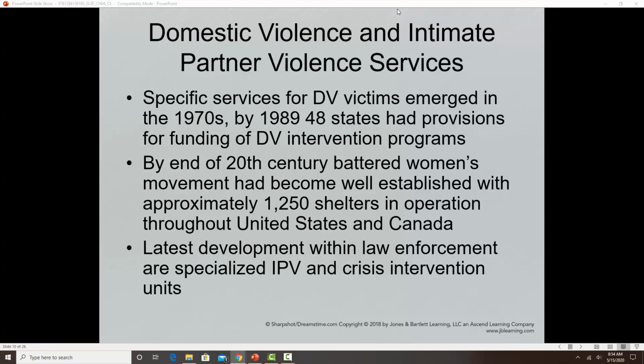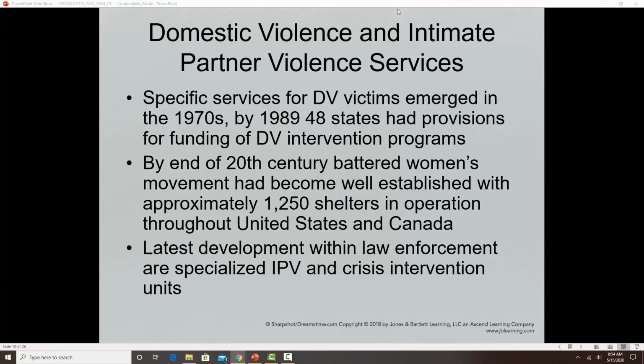Intimate partner violence is a term that most people use more today than domestic violence, because domestic violence technically was related to people who are married or living together. When we expand that term out to intimate partner violence, it includes anybody that has been in any type of intimate relationship with somebody. You don't have to be married, you don't have to be living together, you don't have to be heterosexual. So it's a more inclusive term.